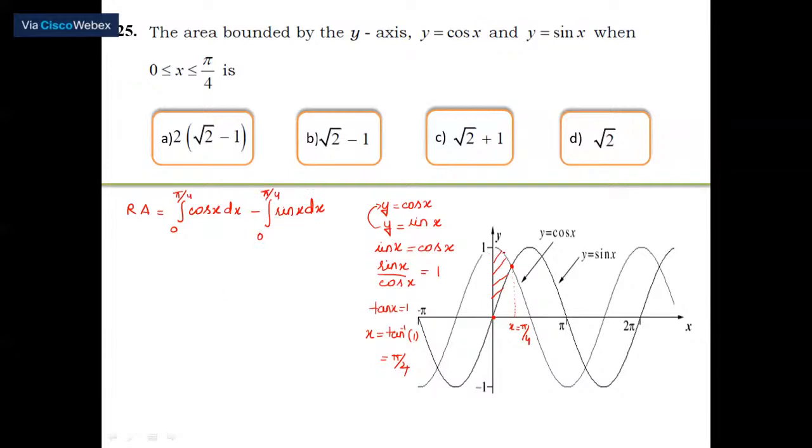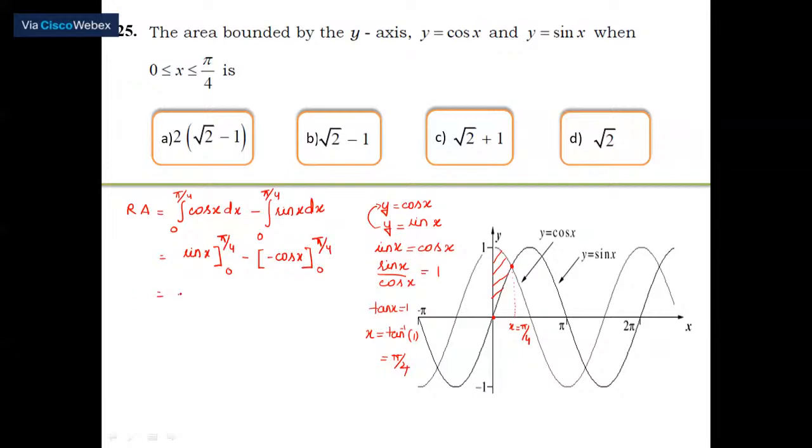That gives us the required area bounded by the y-axis, y is equal to cos x and y is equal to sin x, where x varies from 0 to pi by 4. Fine. The integration of cos x with limits 0 to pi by 4, minus the integration of sin x, which is minus cos x, with limits 0 to pi by 4.